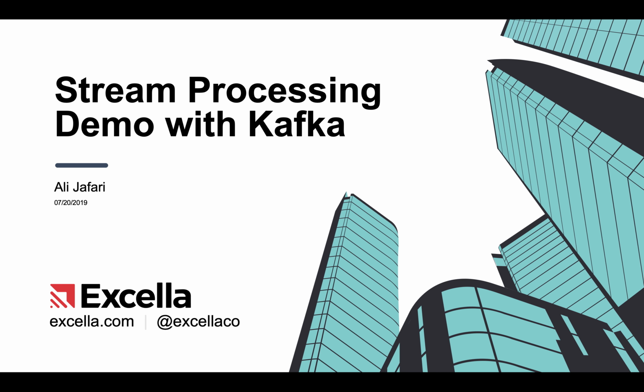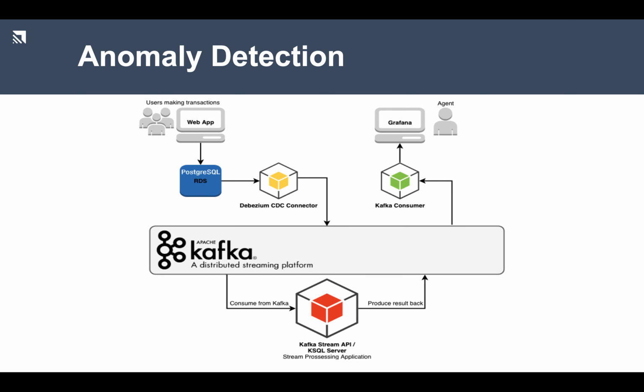Before we start, let's talk about data flow and processing. We have an online shop here, and users create transactions. As a backend, we use Postgres. The database is an RDS instance on AWS.